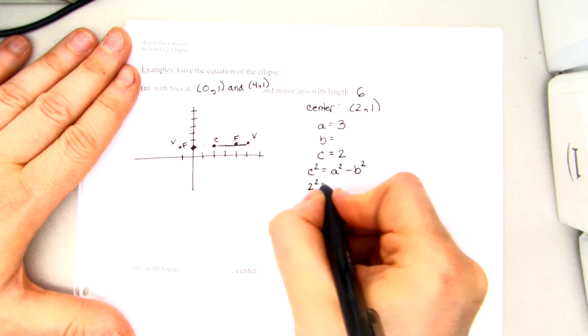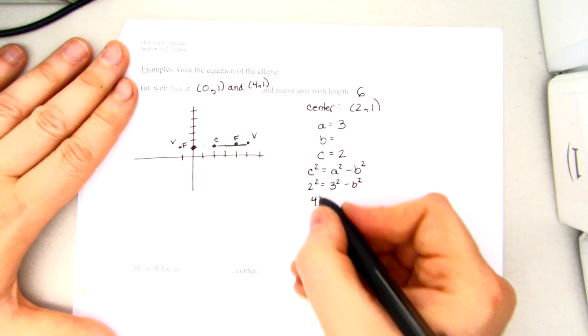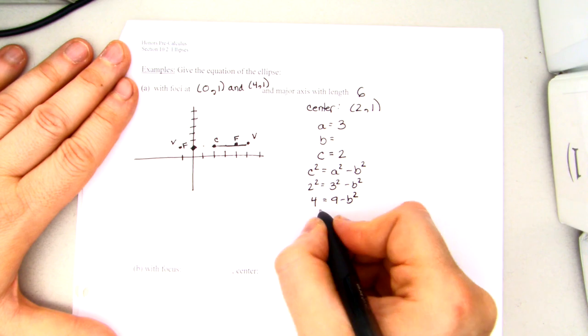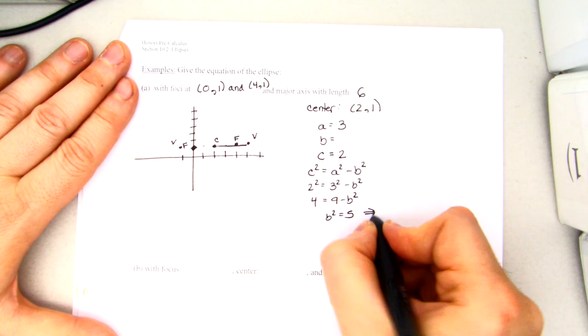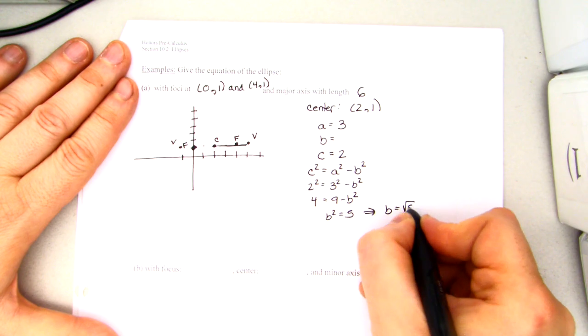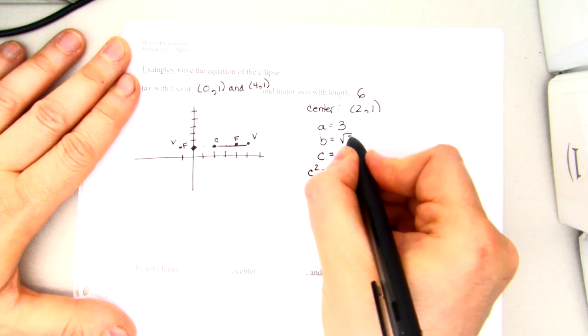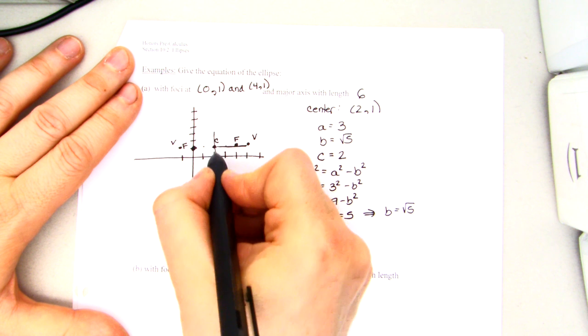I know that 2 squared equals 3 squared minus B squared. 4 equals 9 minus B squared. Subtract 9, divide by negative 1, B squared is going to equal 5, which means B will equal the square root of 5. Although, honestly, I care more about B squared than B, but that's okay. B is square root of 5. And we'll go out something like this.